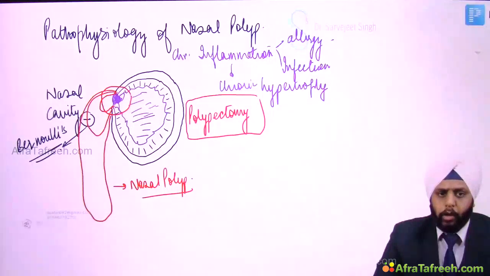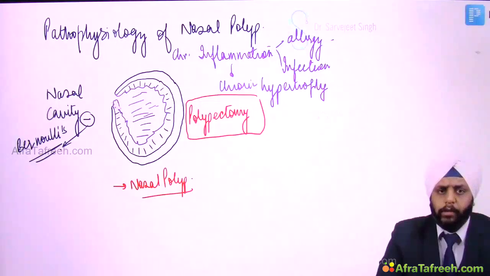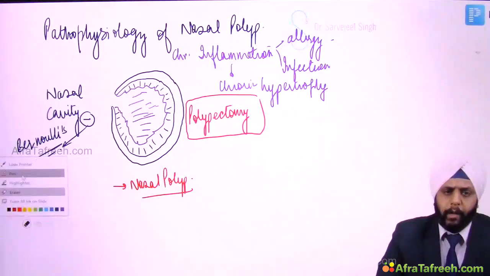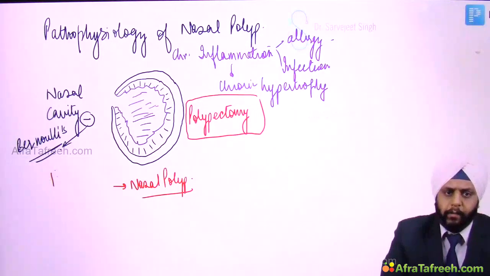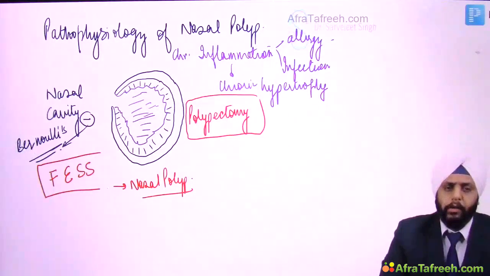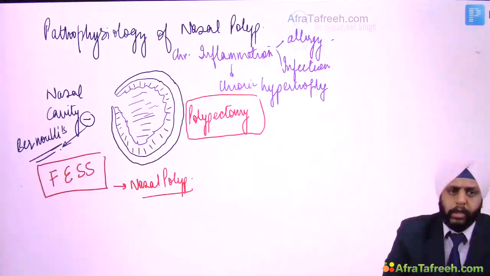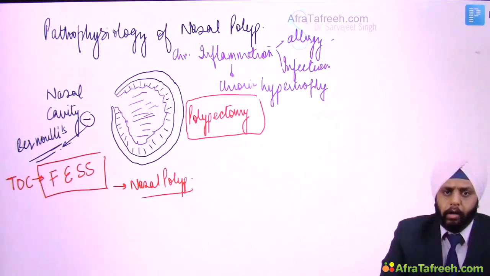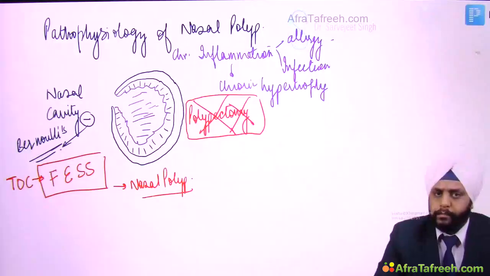So now what do we call this surgery where we open the sinus openings? That is known as FES. Remember, functional endoscopic sinus surgery. So if somebody asks you what is the treatment of choice for nasal polyps, your answer is FES and not polypectomy.